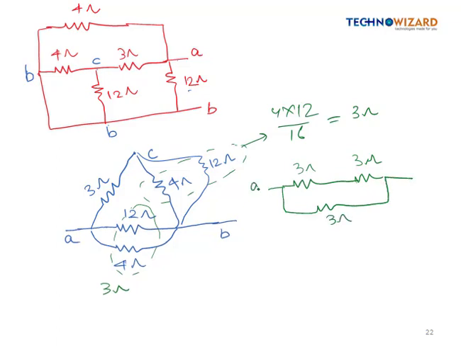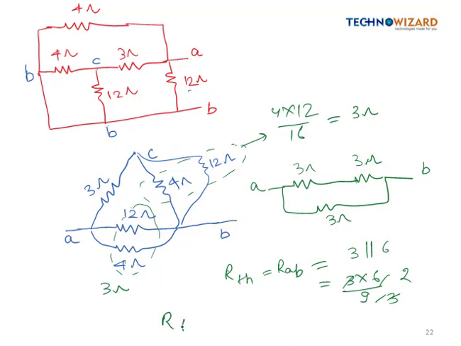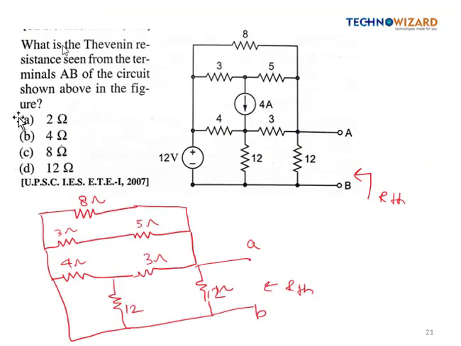So this is terminal A, this is terminal B. RTH is equal to R of AB, which is 3 in parallel with 6, so 3 into 6 by 9, which is coming as 2 ohm. So for this question, option A is correct.